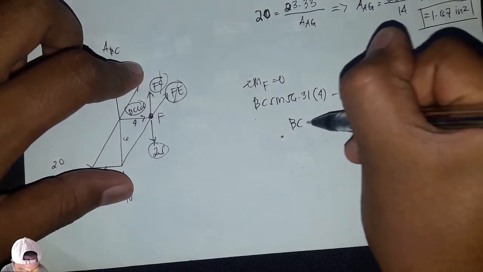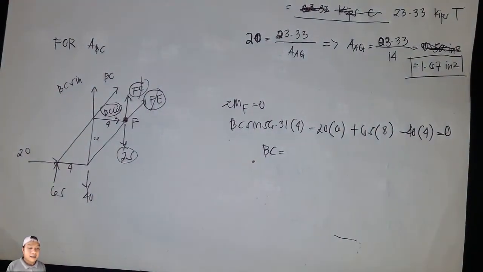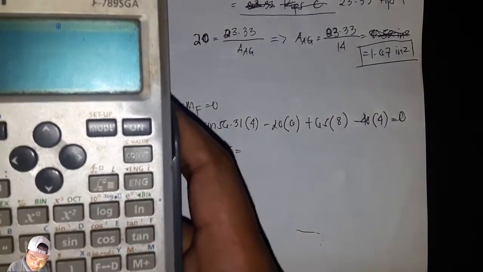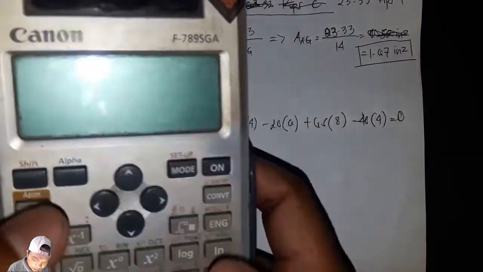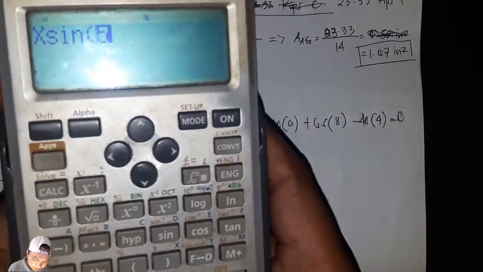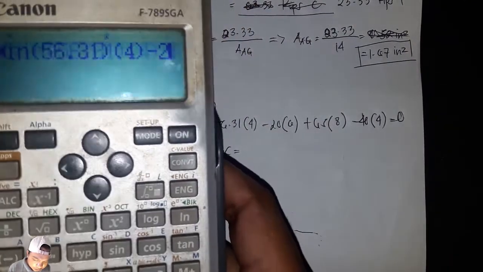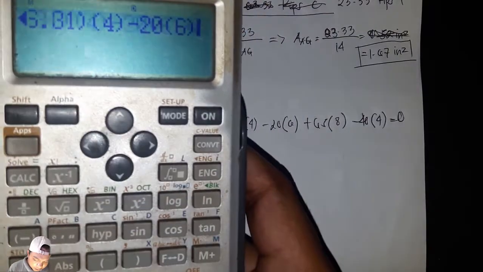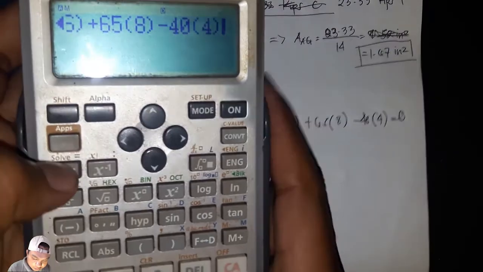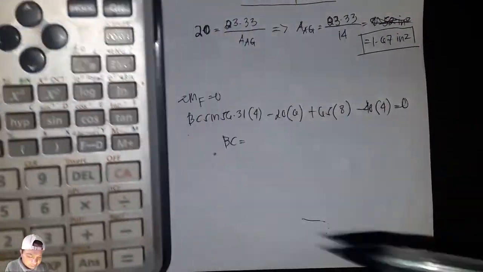So our BC is equal to alpha x, sine of 56.31 times 4 minus 20 times 6 plus 65 times 8 plus 40 times 0, shift solve.